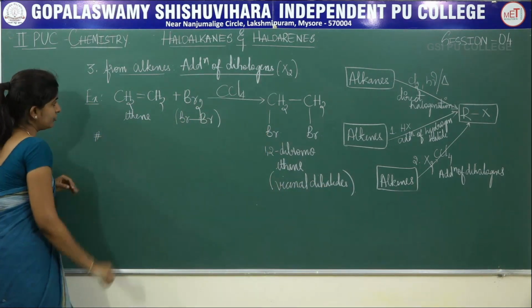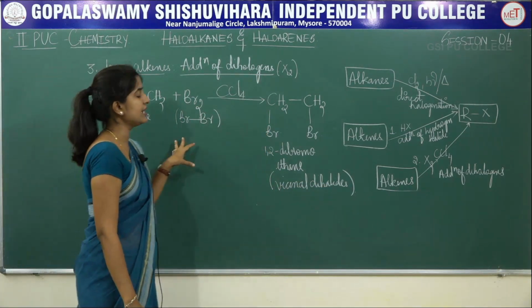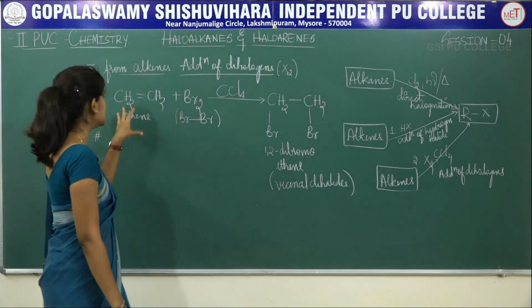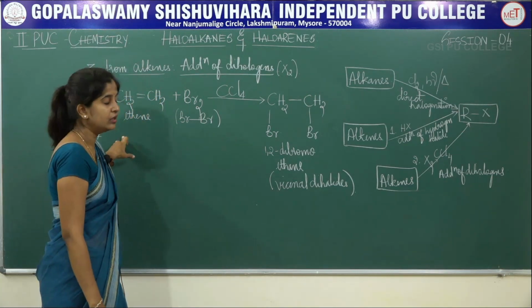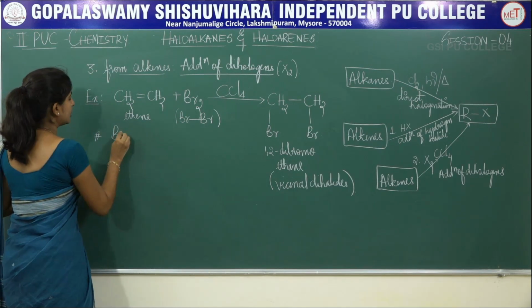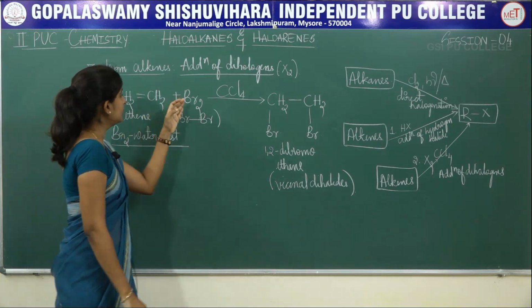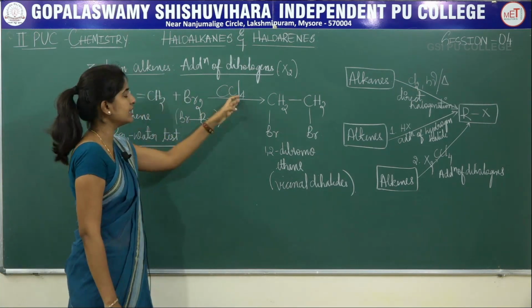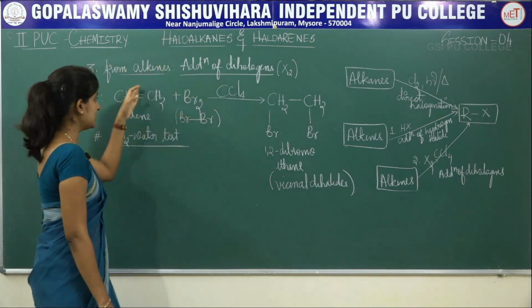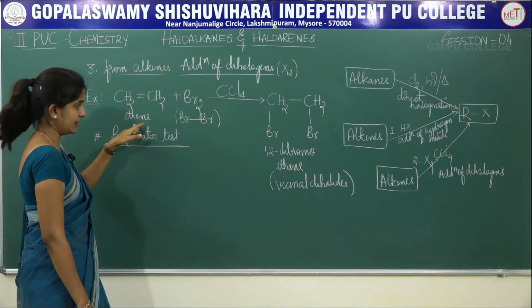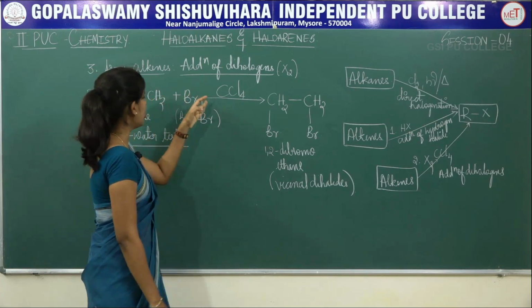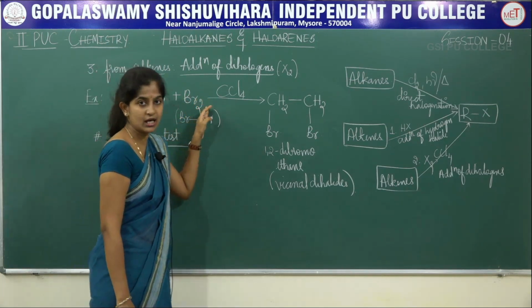The important point I have to tell about this reaction is that it is used to detect unsaturation in a given molecule, which is called the bromine water test. What you do is take bromine water, that is bromine dissolved in carbon tetrachloride, and add it to an unsaturated molecule like your ethene. The bromine water that we have taken here is brown in color.